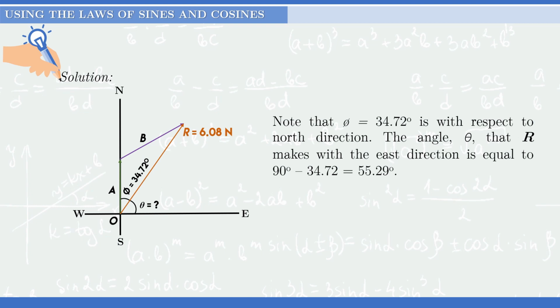The angle theta that the resultant makes with the east direction is equal to 90 degrees minus 34.72 degrees, which is equal to 55.28 degrees. Thus, the magnitude and direction of the resultant is 6.08 Newton, 55.28 degrees north of east.